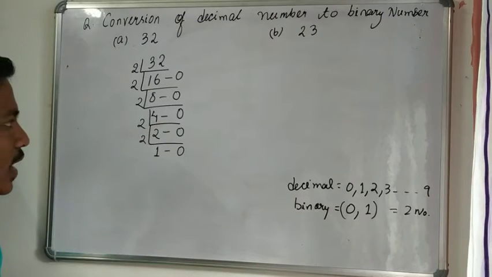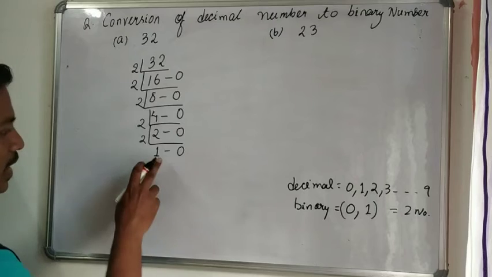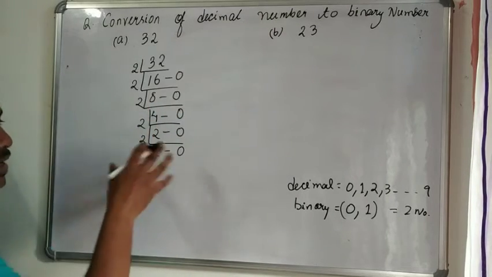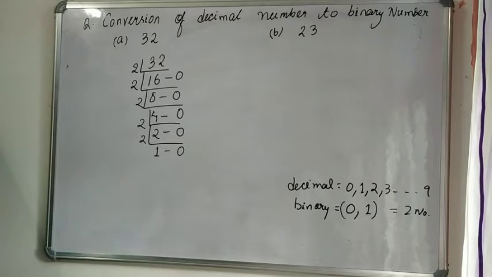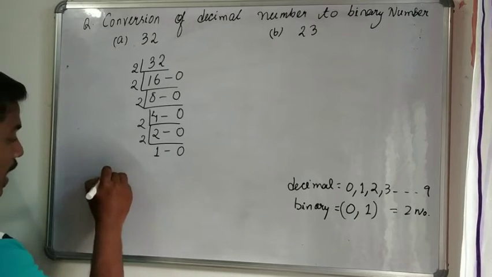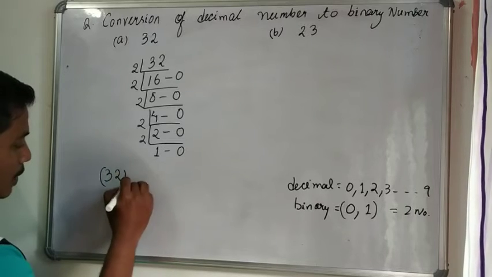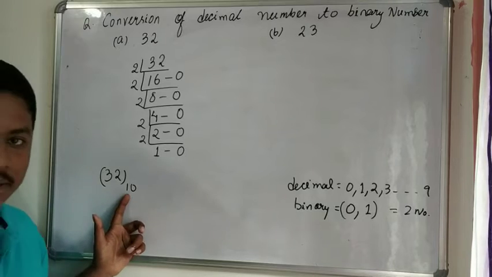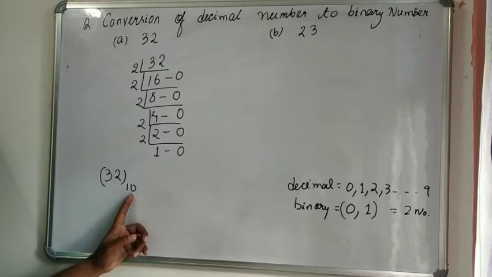Now if I divide this, we get the remainders 0 0 0 0 0 1. Now how to write this in binary form? We can write 32 base 10, because the decimal number system consists of 10 numbers, so we have to write base 10.